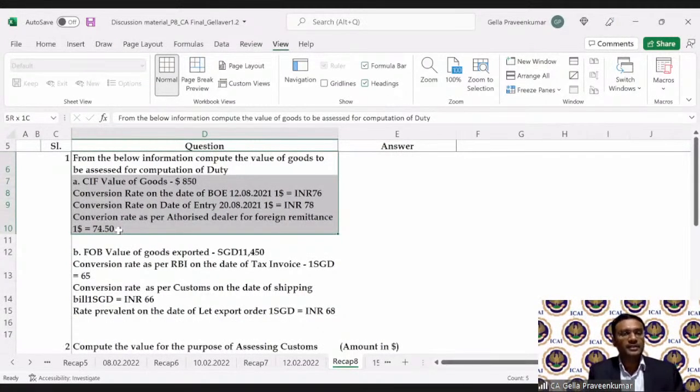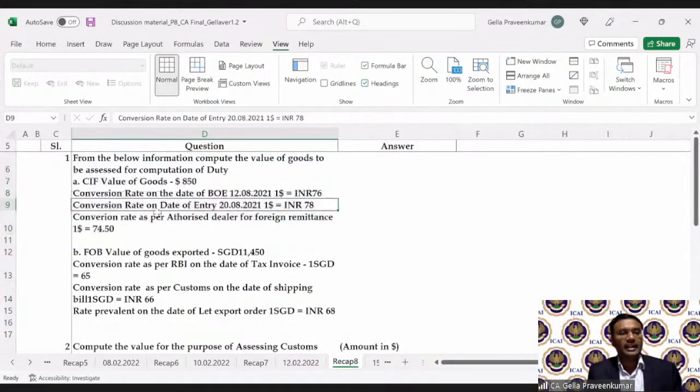CIF value of goods $850. Conversion rate on the date of bill of entry, that is 12th August 2021, INR 76 per dollar. Conversion rate on the date of entry. Okay, this is on the date of filing of bill of entry.